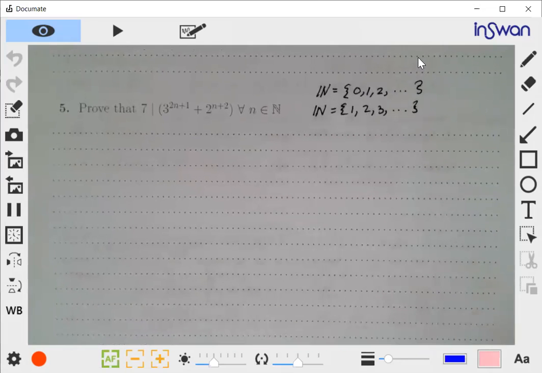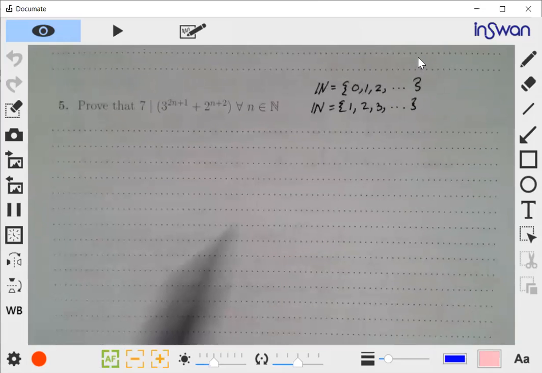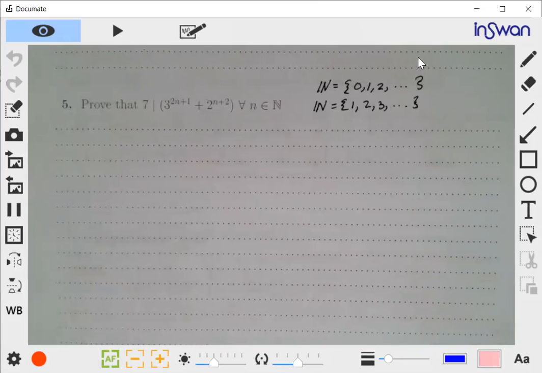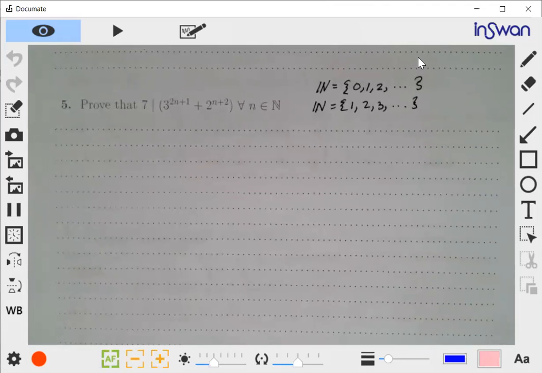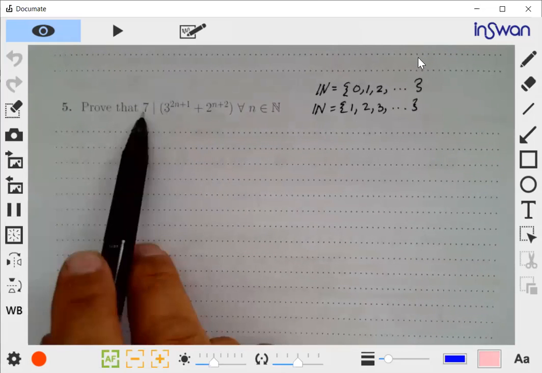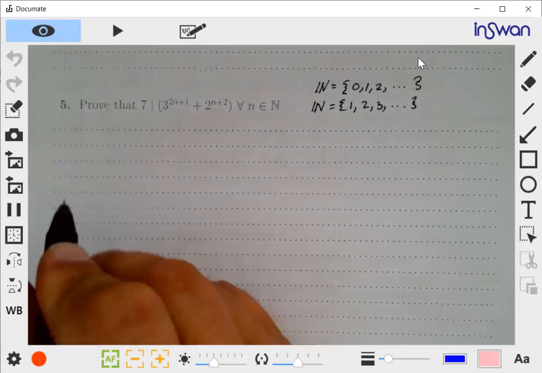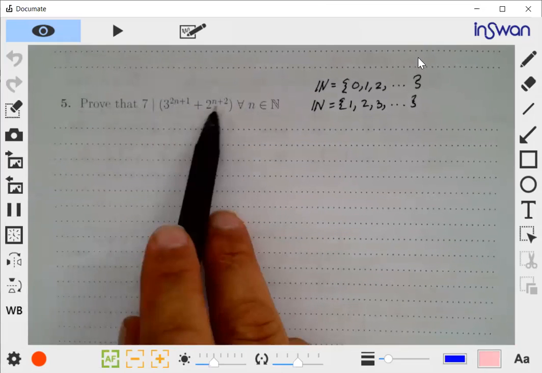Okay, so how can we prove this? Well, anytime you're trying to prove divisibility, it helps to rewrite things in terms of what you're looking for as a factor. So we're going to start playing around. I see this 3^(2n) and this 2^n.